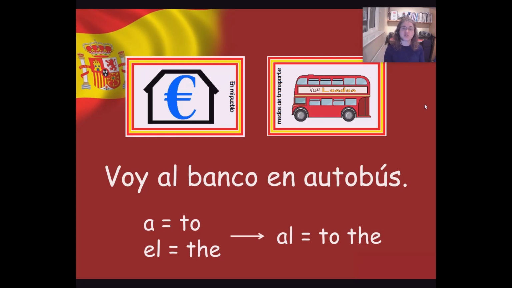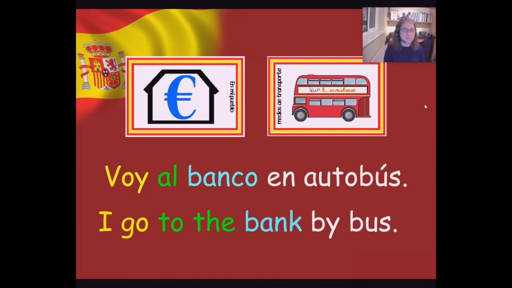And these words have changed from being used a lot over hundreds of years. So a and el have gradually got squished together and they've made this new word al. So al means to the, and it used to be a and el separately. So voy al banco en autobús means I go to the bank by bus.